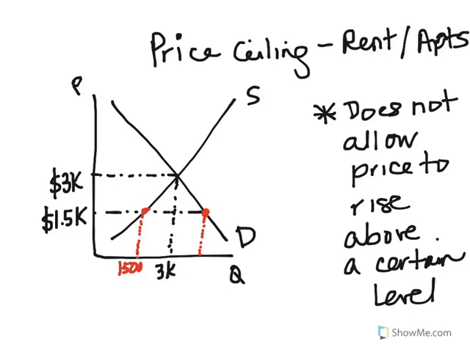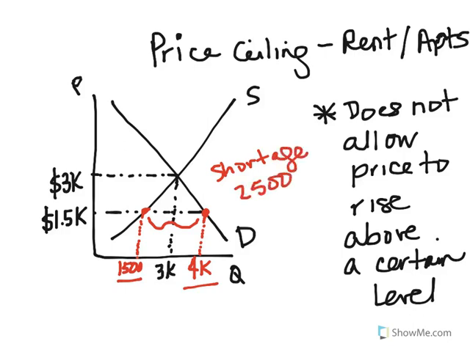So let's say we have 4,000 people that actually want to rent an apartment at 1,500. So this is going to create a shortage in the market, and the shortage would be the difference between the 1,500 and the 4,000. So in this case, the value of the shortage would be 2,500 apartments.